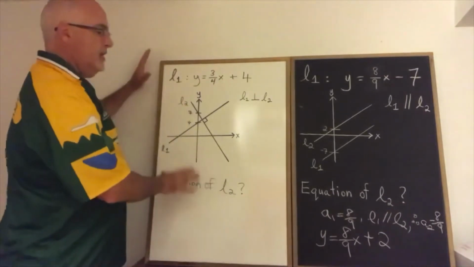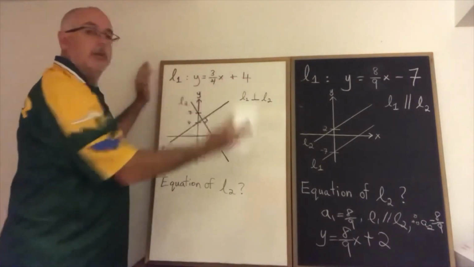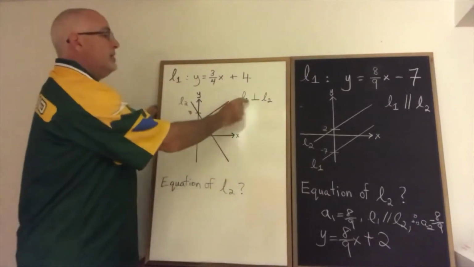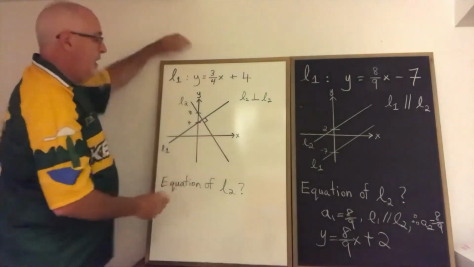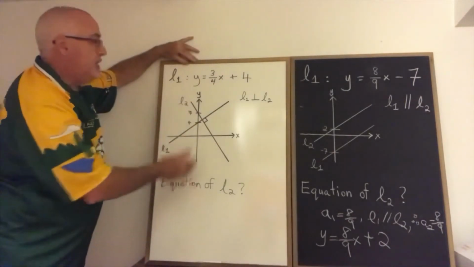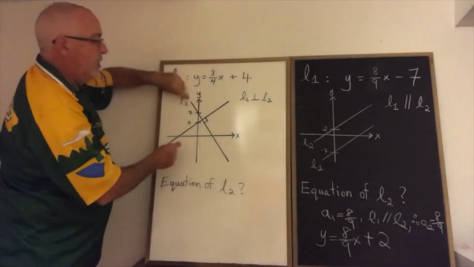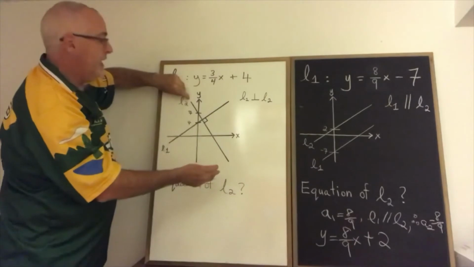Now we look at this other question, where line 1's equation is y equals 3/4 x plus 4. Line 1 is perpendicular to line 2, it's shown here, and it's given there. We know the y-intercepts of both lines. We know that the equation of line 2 has to be y equals ax plus 7 because we know the y-intercept, the b.